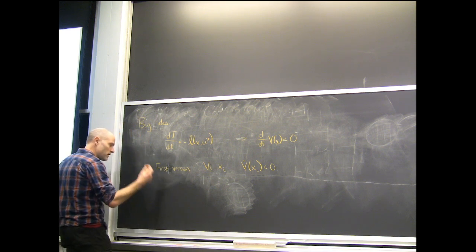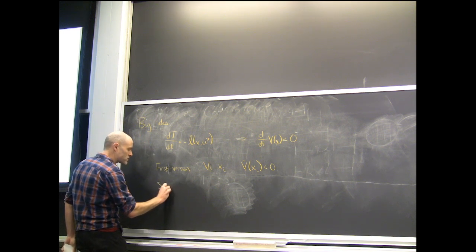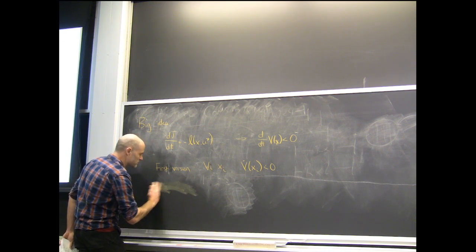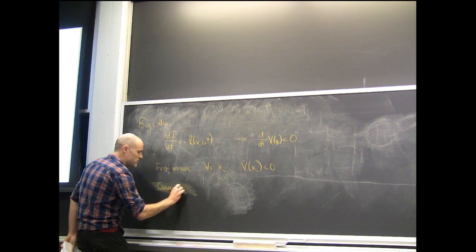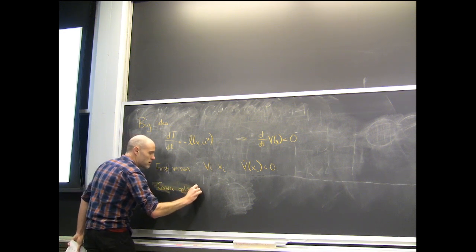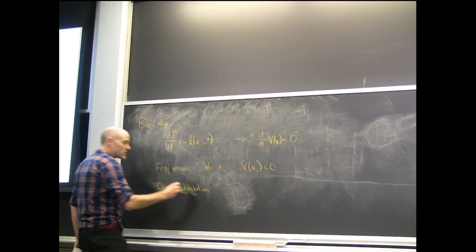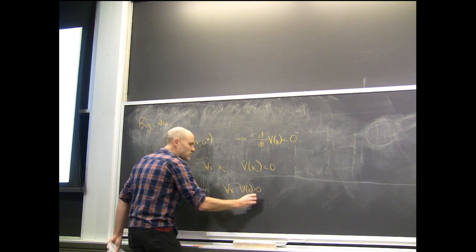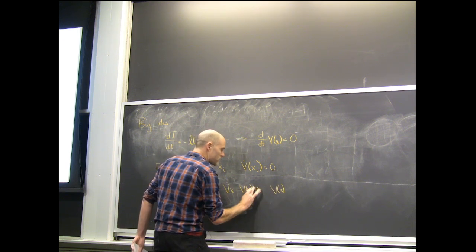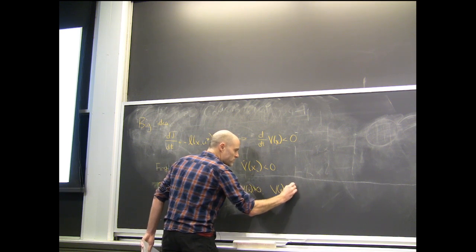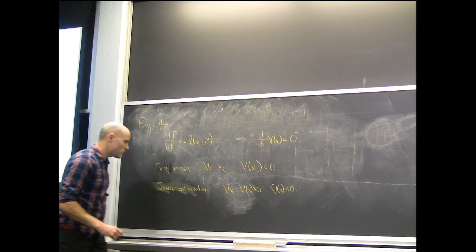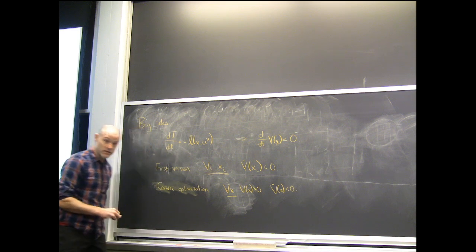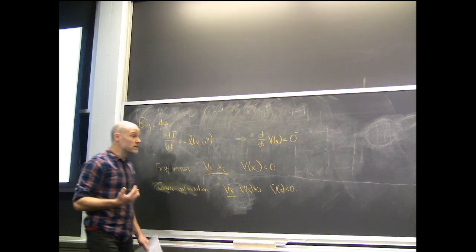So the big new idea was the sums of squares version, well, even just the convex optimization version, which allowed us to say for all x, V of x was greater than 0 and V dot of x less than 0. This changed from some number of samples to really to say something over all x, which was the big leap that we made last time.